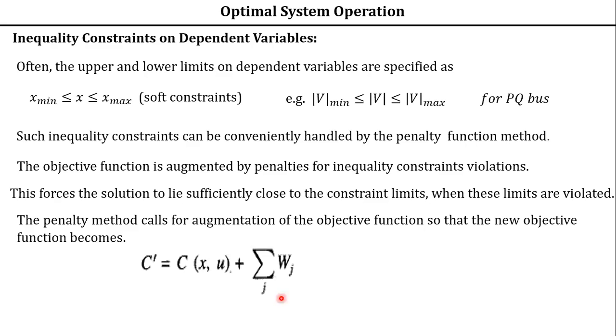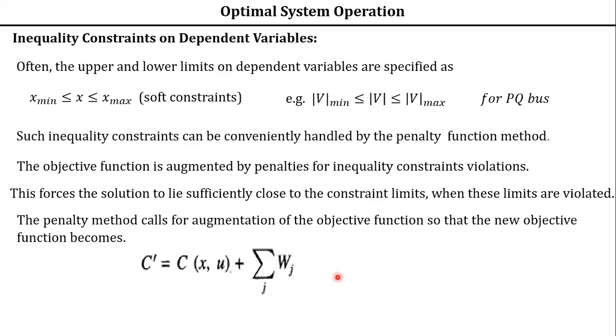So in the same way here, W is the penalty, and J means x1 and x2 here. That's why we have used the summation. We have used this summation mark with J. J means the number of variables which violate the limits. Total 4 variables, 2 variables violated, so here J becomes 2. When you expand this, it becomes W1 plus W2.